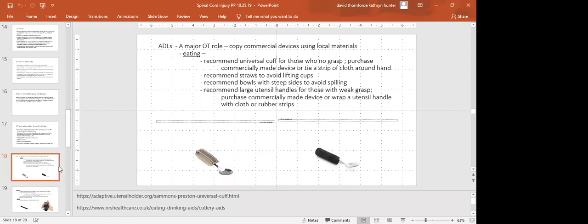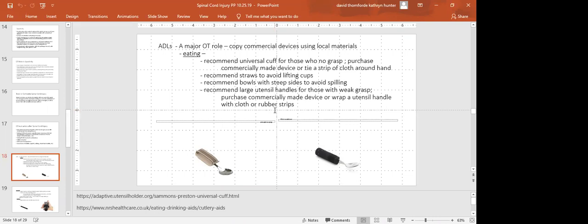Okay. So ADLs, as all of you know, is our major role as occupational therapists. And it's true of spinal cord injured patients as well as any other patient. To begin with, for eating, one thing we can do is make or purchase for them a universal cuff.